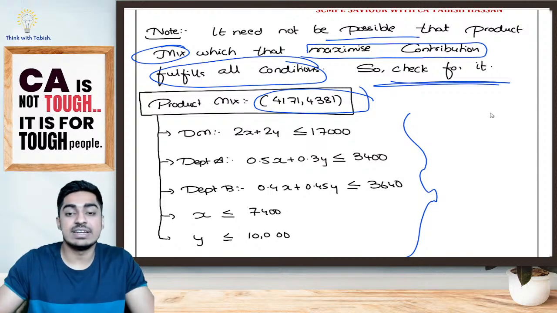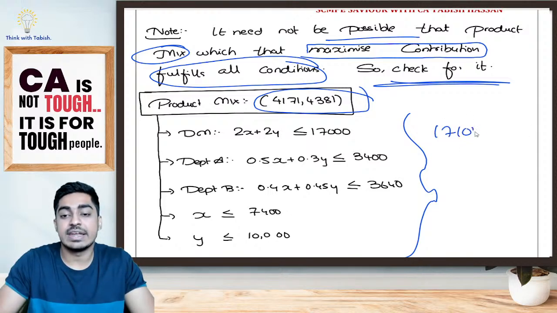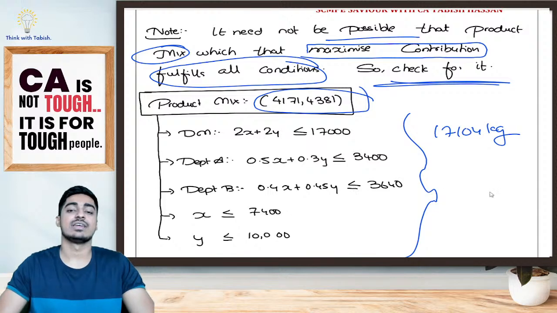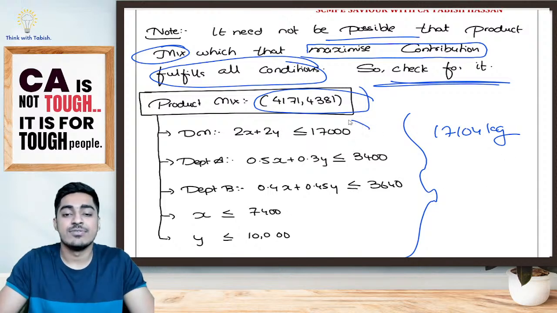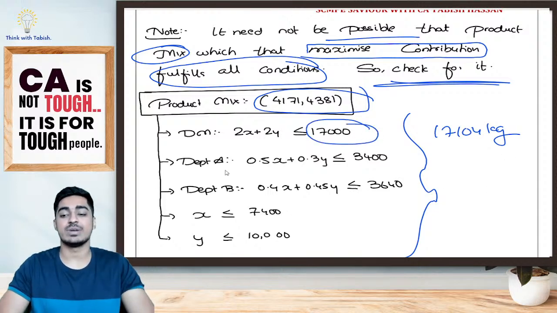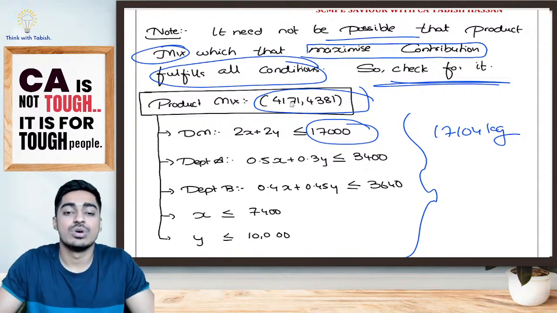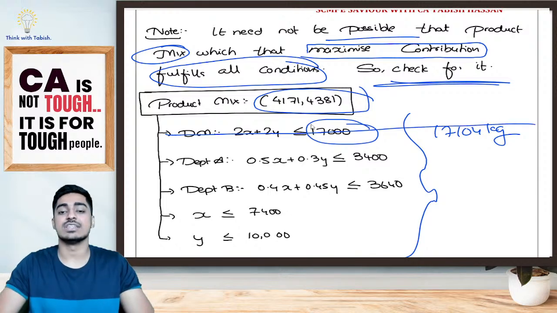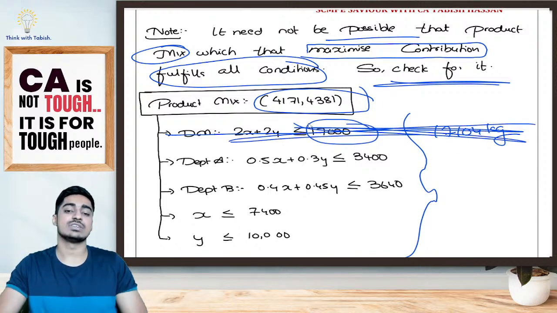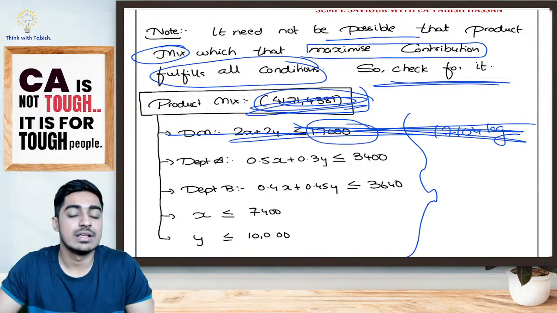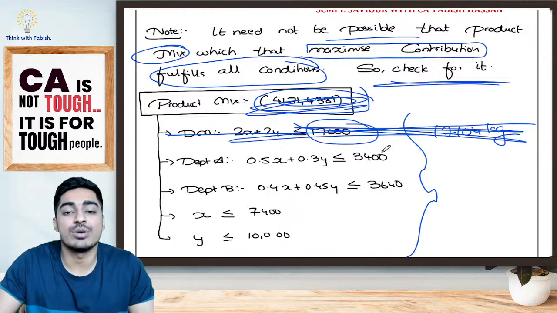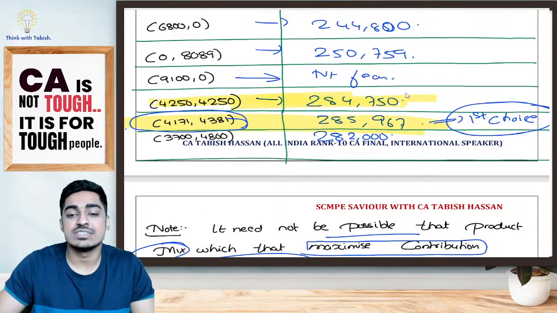Altogether we want 17,104 kg of raw material. How much raw material do we have? We only have 17,000 kg raw material. So is this condition being fulfilled? No. This product mix is not fulfilling the direct material condition. So we cannot use this. So this is not feasible. We don't have 17,100 kg raw material. We will say this is not feasible.